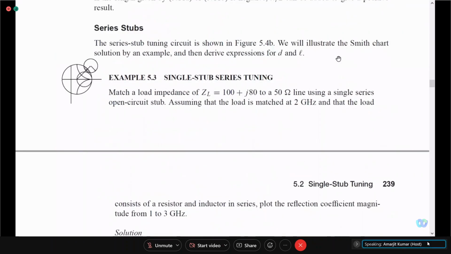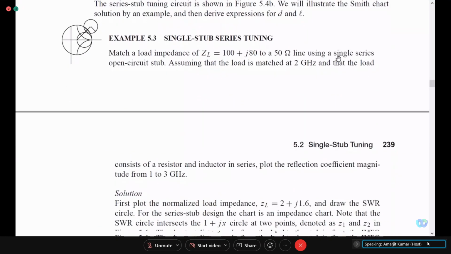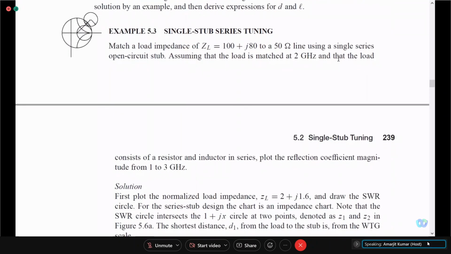So next question is using single stub series tuning, using Smith chart. Here is the question. Series tuning, and open circuited stub is given in the question. Not short circuit. Be careful. So again the question is 100 plus J 80 to a 50 ohm line. After normalization, 2 plus J 1.6 is ZL.